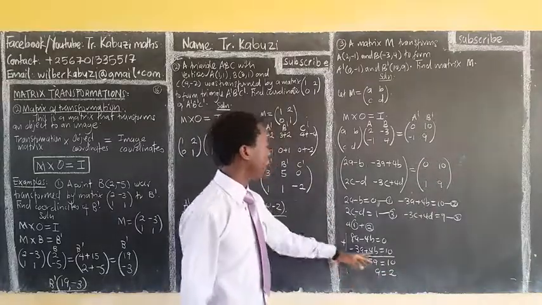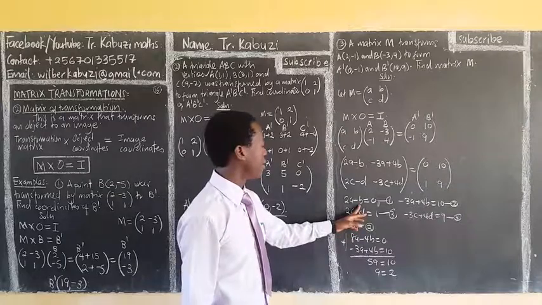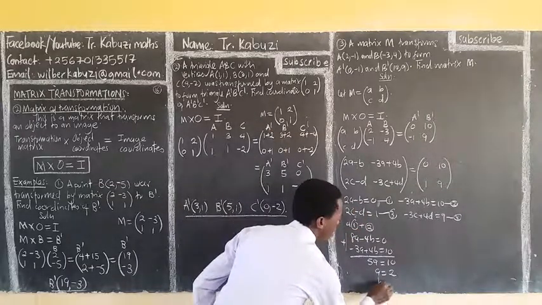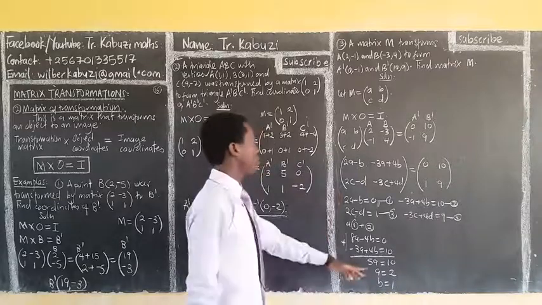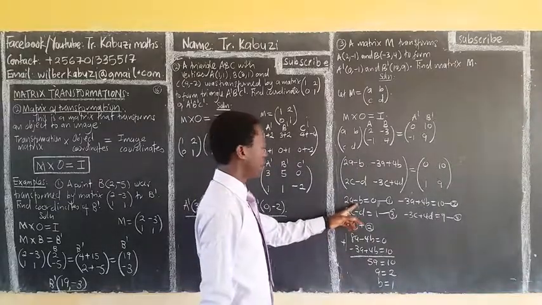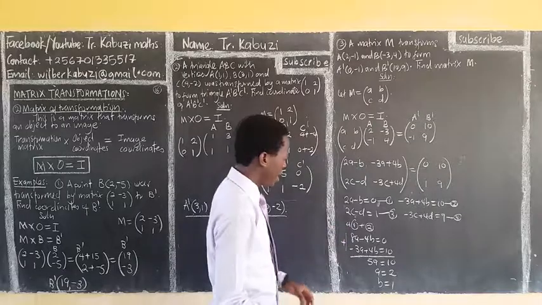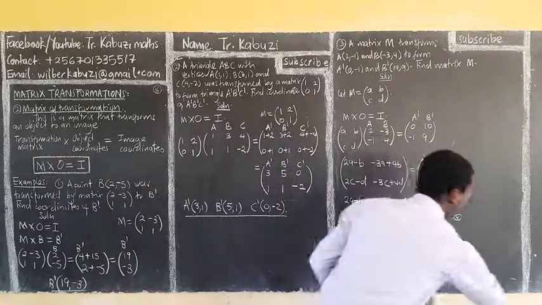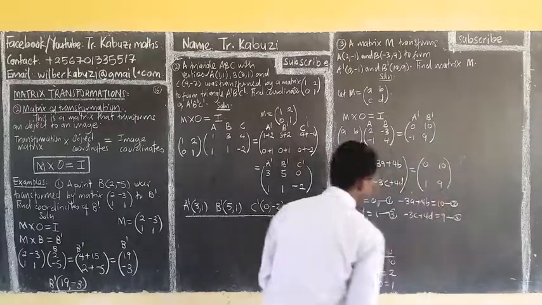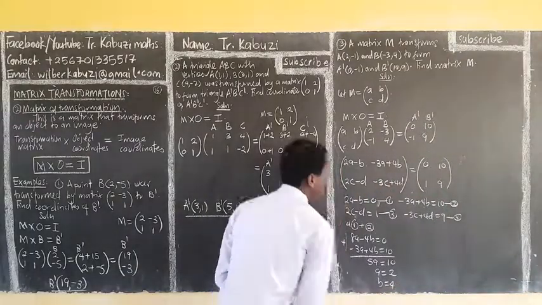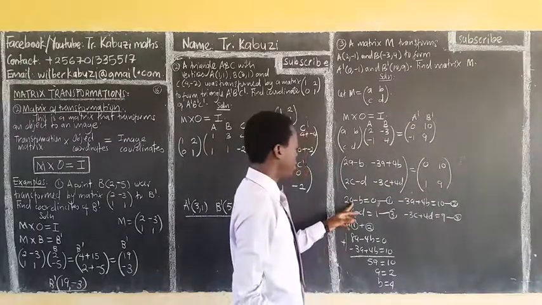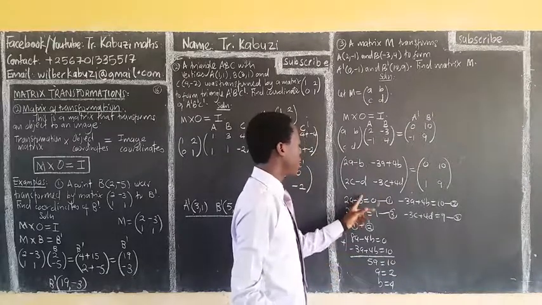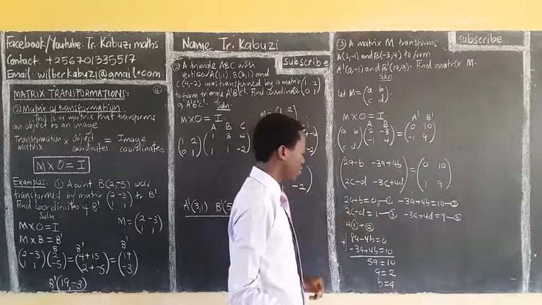Then if I put my 2 here, B is going to be 4, because we will be having 2 times 2, which is 4. So B equal to 4.